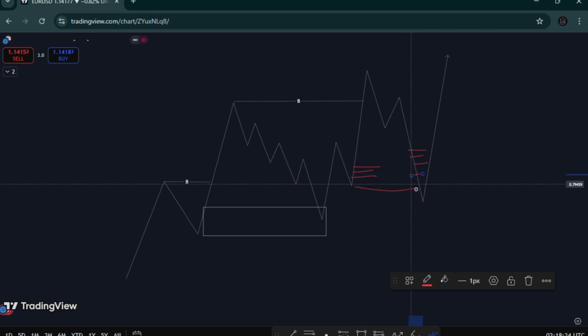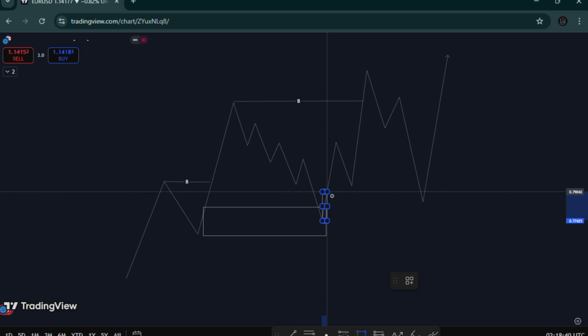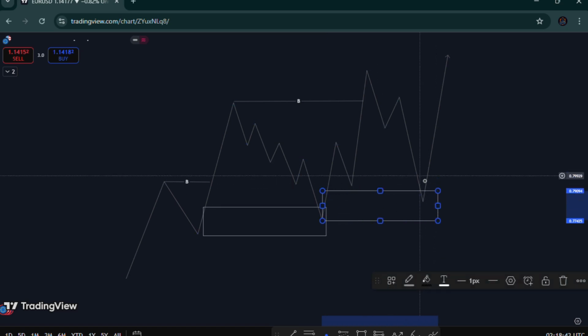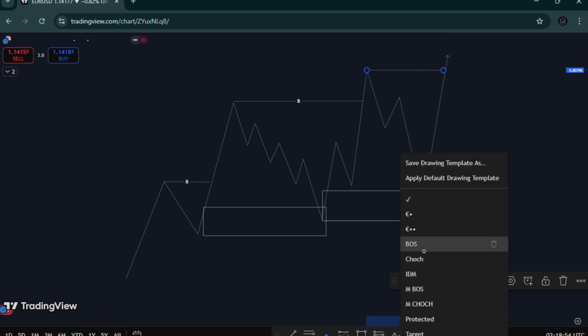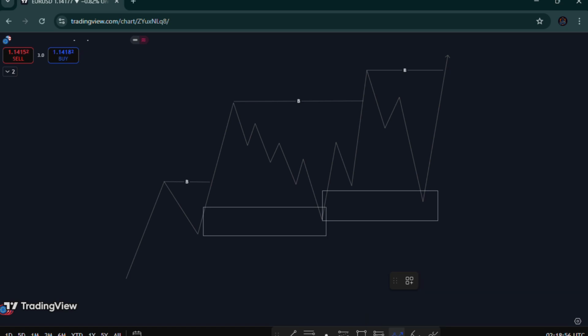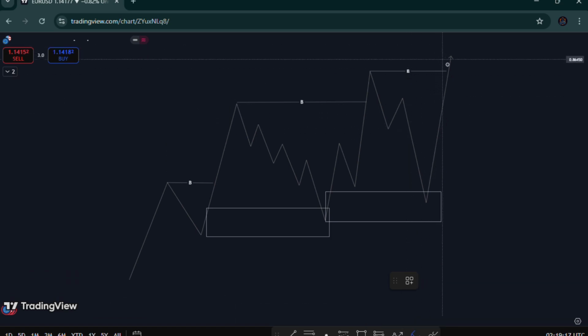And when they are selling, price will come back, mitigate the origin demand, which is from this level here, and gravitate through their stop losses, and price will make a new swing high, which is a continuation to the buy side, this swing high right here. Now our new trading range is the swing high and the swing low.